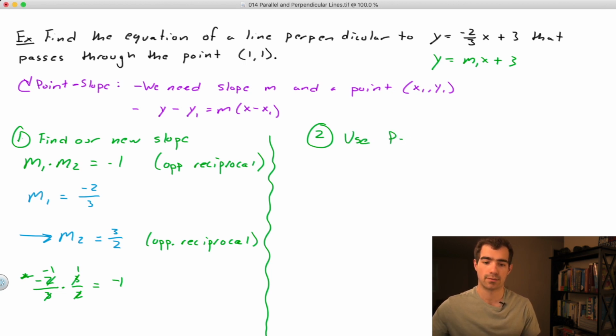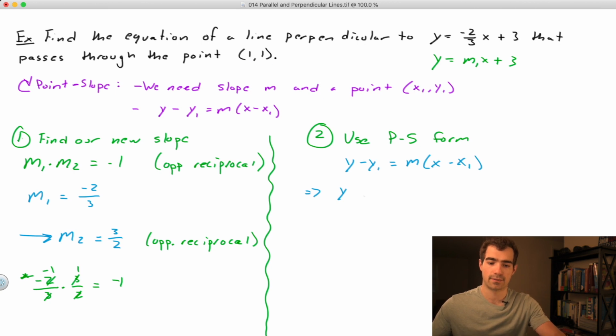And so we'll use the point slope form, and I'll just abbreviate that PS. So point slope is y minus y1 equal to m times x minus x1. We know that our point is passing through (1, 1), and so that's going to give us y minus 1 equal to m times x minus 1.